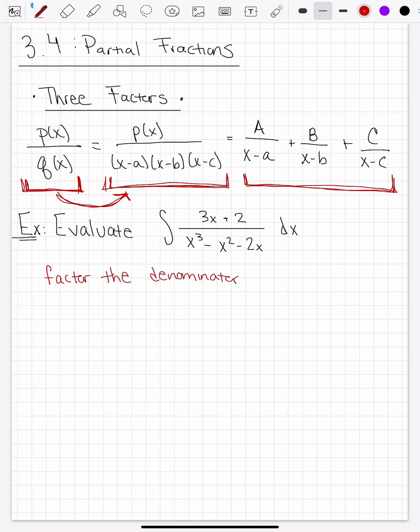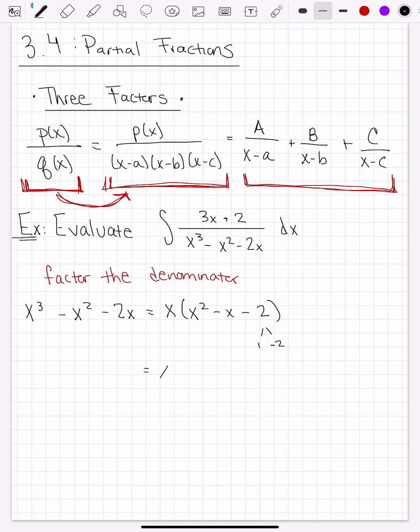So I'm going to take my denominator, x cubed minus x squared minus 2x. And the first thing you should notice is that all of the terms have an x in them. So we can factor an x out of all of the terms. And then we can factor x squared minus x minus 2, which, right, what multiplies to -2 and adds to -1, right? We're going to have 1 times -2.